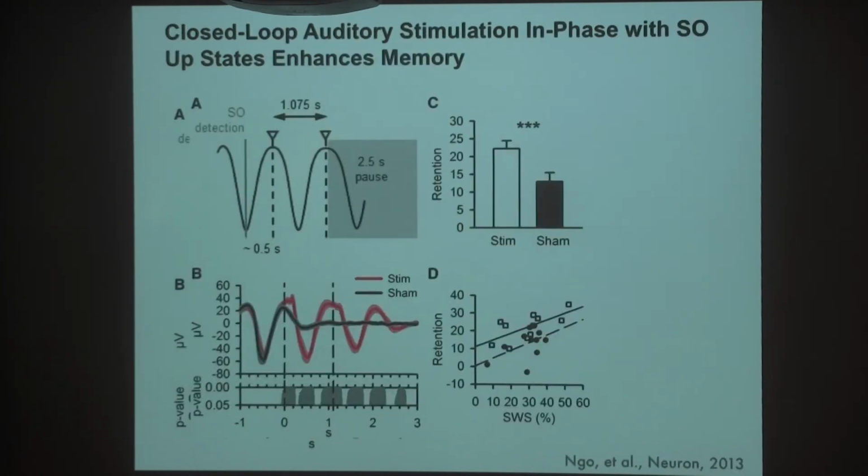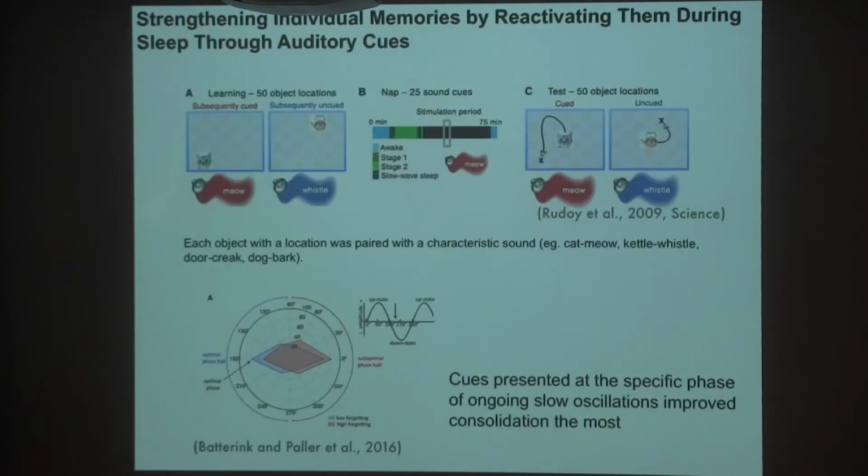This is from Jan Born's group. It shows that auditory stimulation applied in phase with slow oscillation can actually improve performance on a memory task which was trained before. There is an interesting story behind it which I don't have time to discuss, but essentially if there is a closed-loop, phase-locked stimulation, it can help.